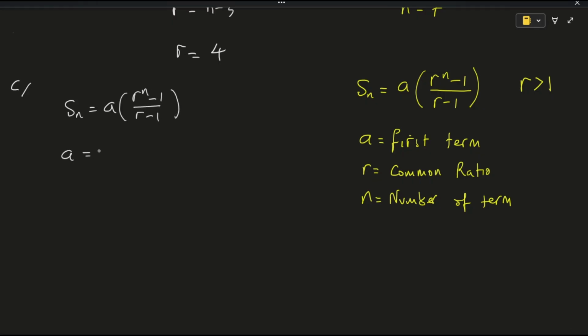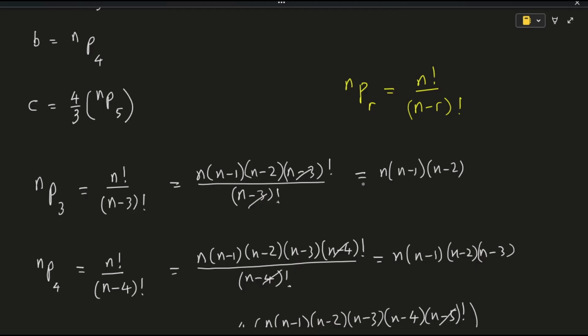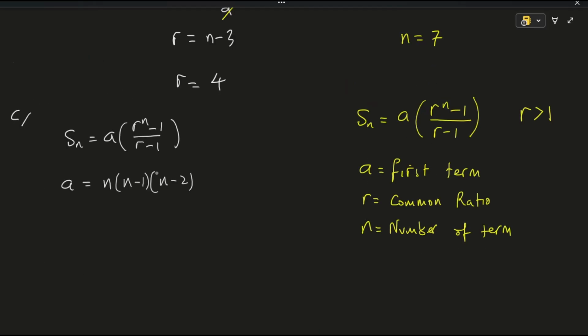Now, our first term is giving us n into brackets n minus 1, n minus 2. But n has been determined as 7.